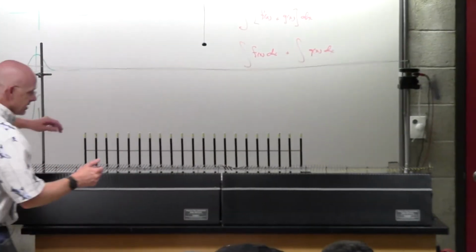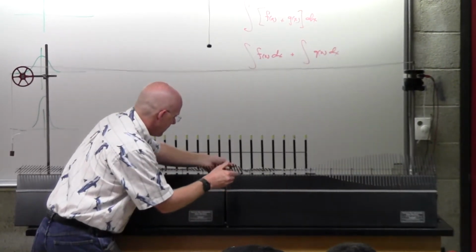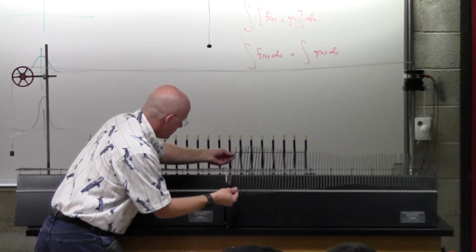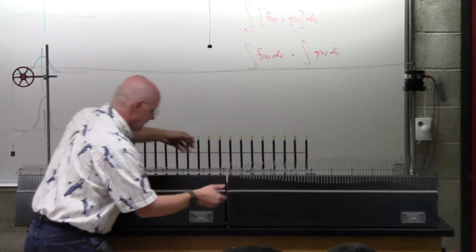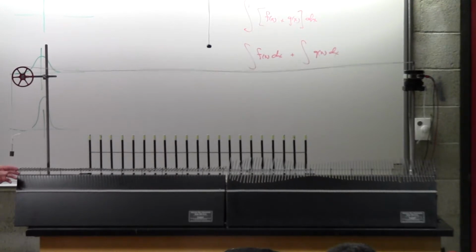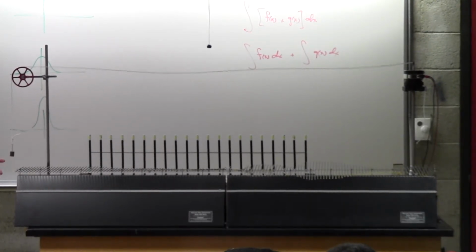And watch this side. As I go from this direction, maybe I need to tweak more than just that one. When I go from this direction, if I make a little pulse here, what happens when it hits at the medium?